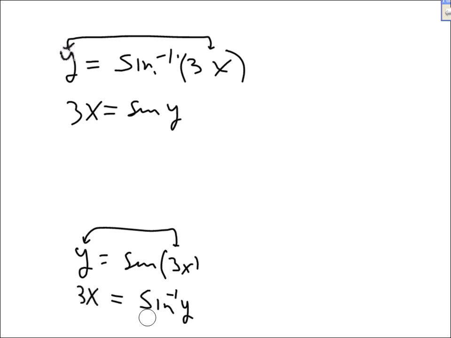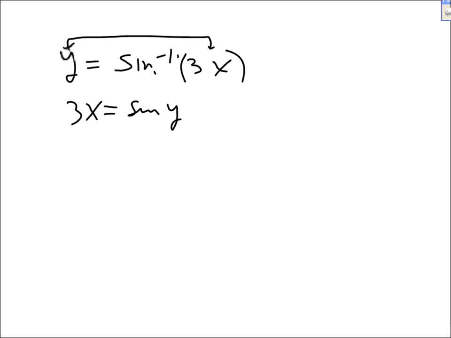It just shows that you know what an inverse is, and you really should know what an inverse is. Now we take the derivative of both sides. The derivative of 3x is 3. The derivative of sine of any angle is cosine of that angle times the derivative of the angle.